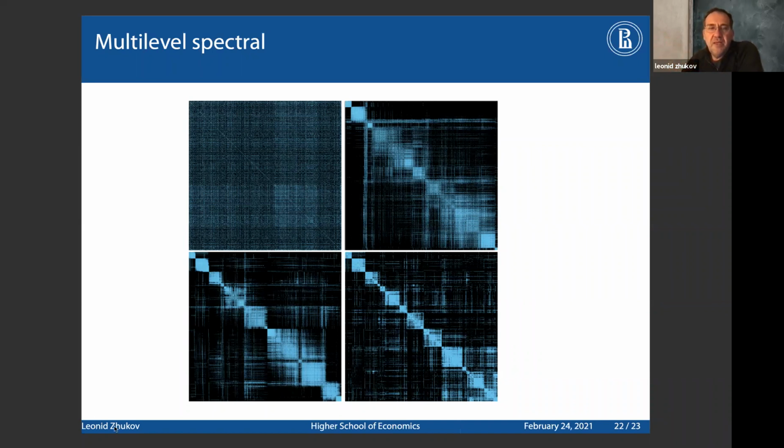So let me explain. What you have on this first left graph is just the adjacency matrix of a graph, right? And it's pretty large. And the blue color just corresponds to an edge in the graph. And so you realize that there are a lot of edges everywhere.